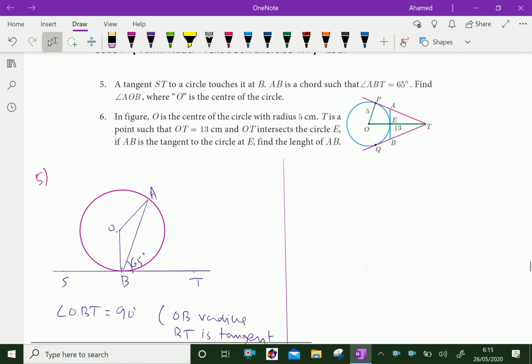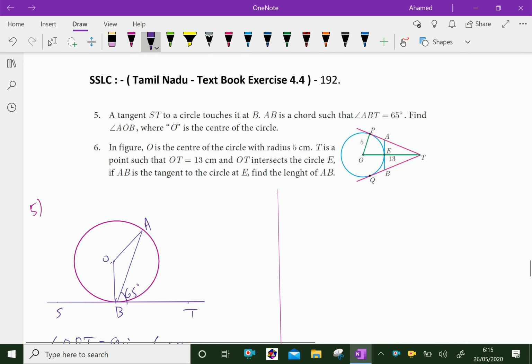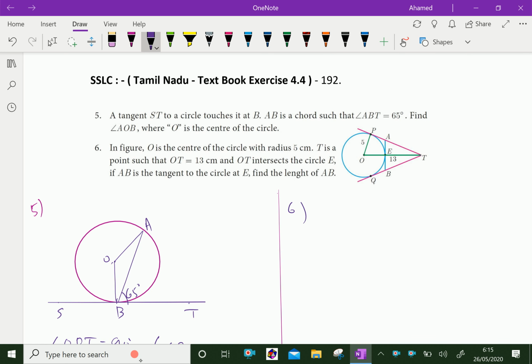Here, in triangle OPT, OP is the radius.